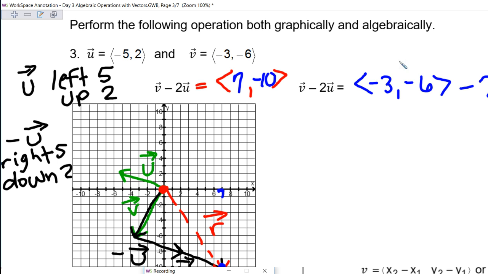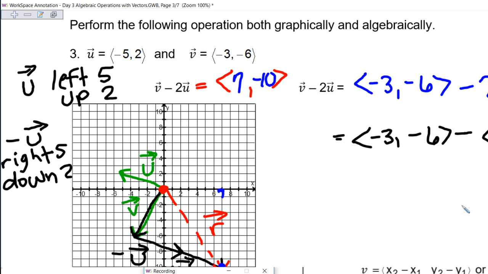Yeah, here we need to distribute the 2. We're only going to distribute the 2. We're going to keep the subtraction. So bring down the subtraction and distribute the 2. So what's 2 times negative 5? Negative 10. And what's 2 times 2? 4.